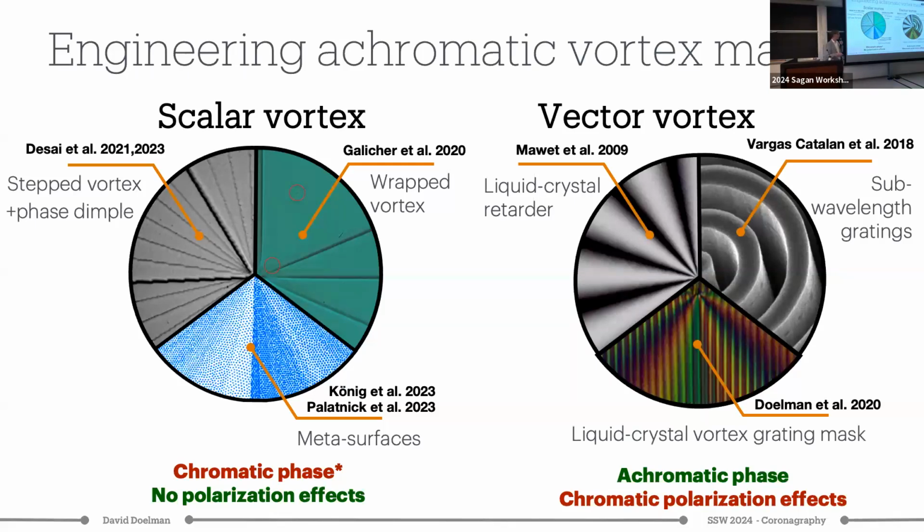Now, many smart people are working on this. This can be done by changing the pattern itself, by changing the way we manufacture it, or even the material that we use to make the mask, like with metasurfaces, using classical phase. Or we can use vector vortex coronagraphs, which induce an achromatic phase. It's called geometric phase, made, for example, with sub-wavelength gratings.